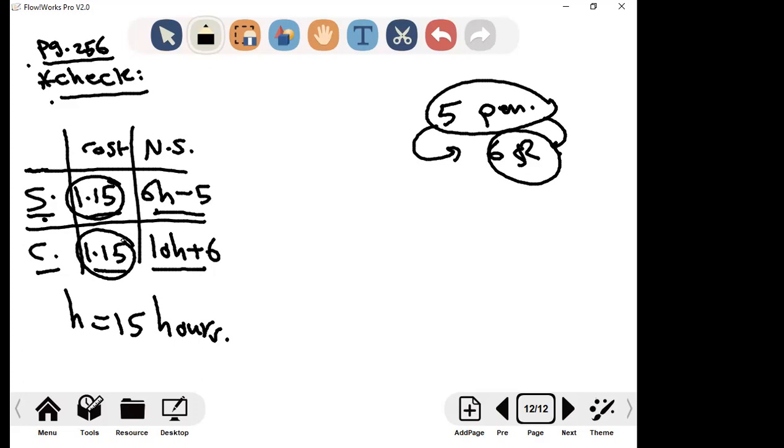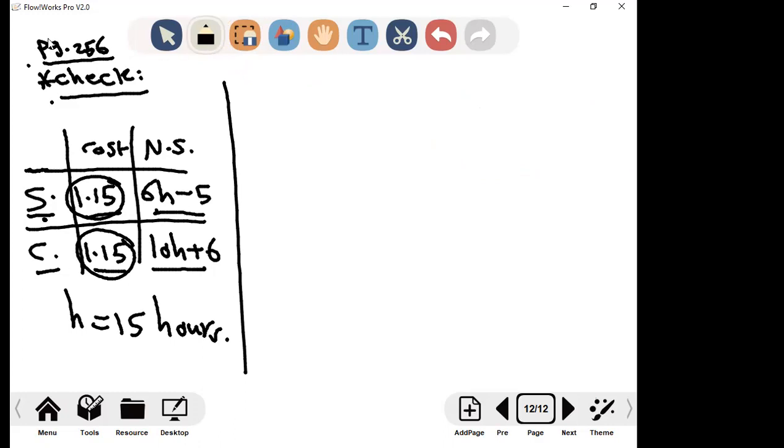So here, first step, for the sugar. How much money? 1.15 multiply 6h minus 5. مش هيك؟ هذه the number sold وهذه the cost of each one. So here 1.15 multiplied by 6h minus 5, equal 1.15 multiply 6.